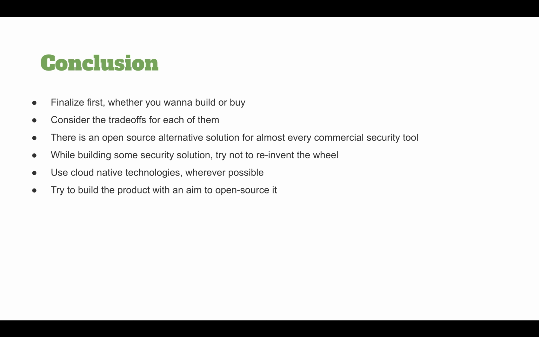So try to cover as many edge cases as possible and build a product with an aim to open source it and keep it generic so that other people can also use it. In that scenario, even if your infrastructure changes or you move to a different infrastructure, you'd still be able to use it.